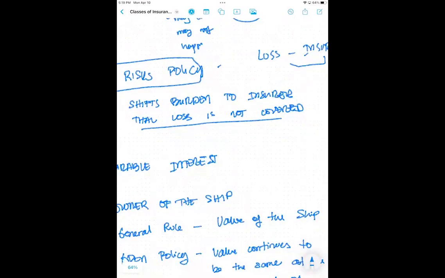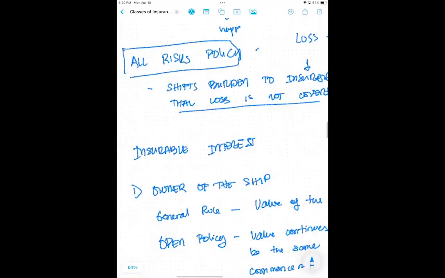Okay? Hindi naman ibig sabihin nun that automatically the insurer is liable. It's just that it is now incumbent upon the insurer to prove that the loss is not covered. And failure to do that, then the insurer should pay the loss or damage. Okay, so that's how an all-risk policy would operate.